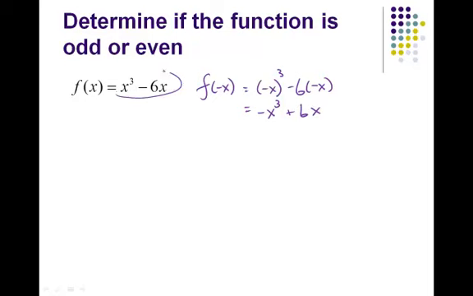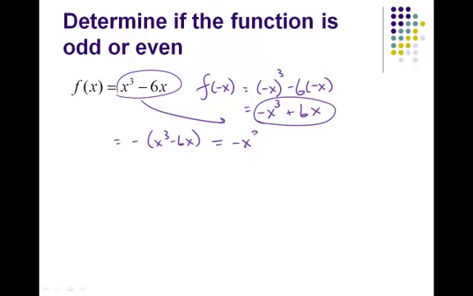So looking at the original function and at the function with negative x substituted, we can see that these two are opposites of each other. In other words, if I put a negative in front of the original, I will get the function from plugging in a negative x.